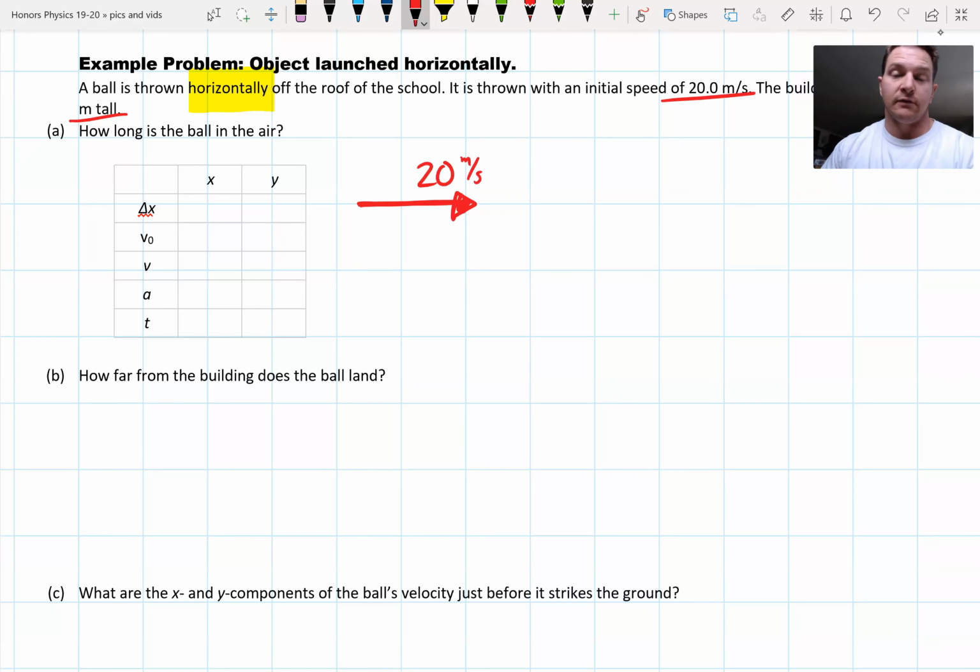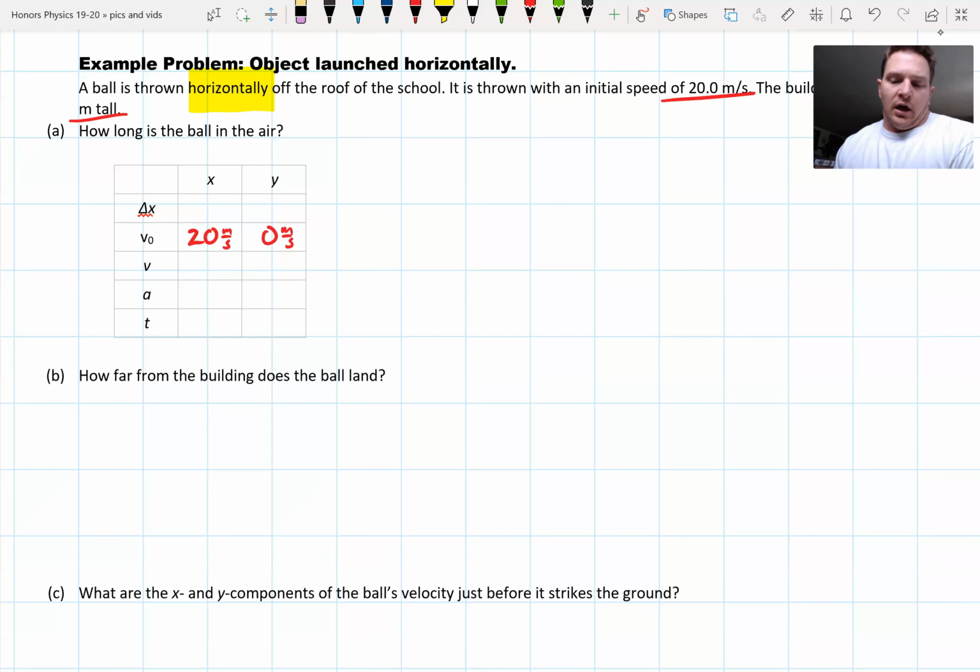This is a vector because it's pointing somewhere, but nothing is pointing up or down yet. There's no y velocity. Anytime something is a horizontal projectile, there's no initial y velocity.